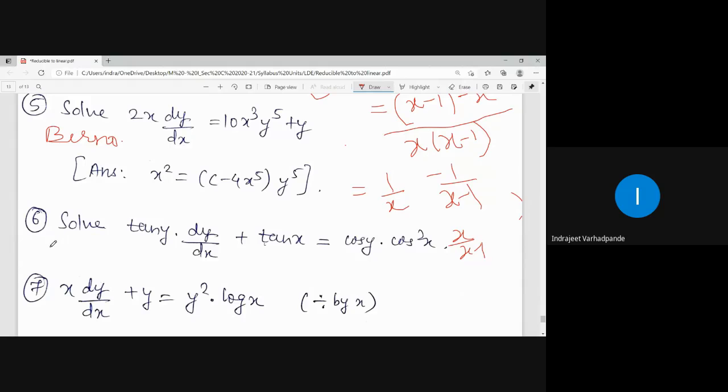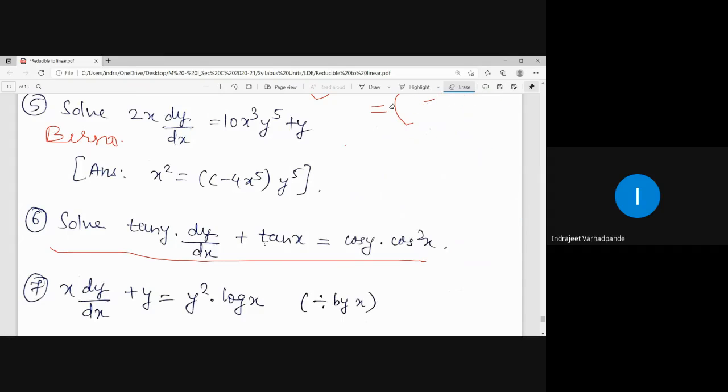Sixth one. tan y into dy by dx plus tan x is equal to cos y into cos square x. Here we cannot see any linear term of y or x. In place of that, what we are able to see here is a function of x and a function of y.